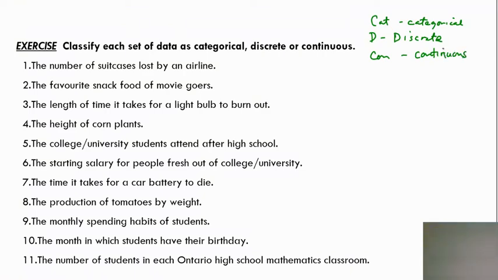So what would be the number of suitcases lost by an airline? Okay, well, you can't have half suitcases lost, so this would be discrete. Okay, the favorite snack food of moviegoers. This one's difficult because there's no numbers to it, so this is categorical.